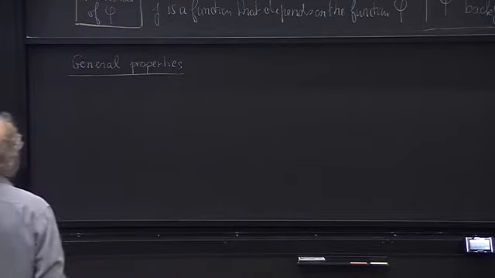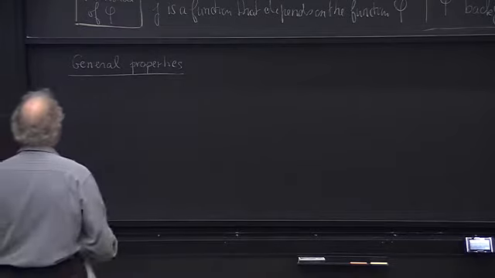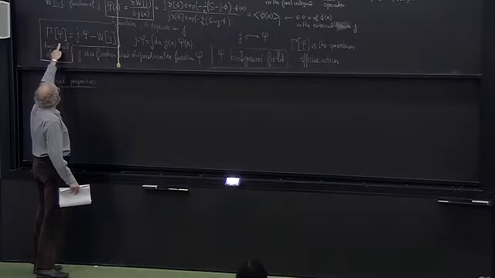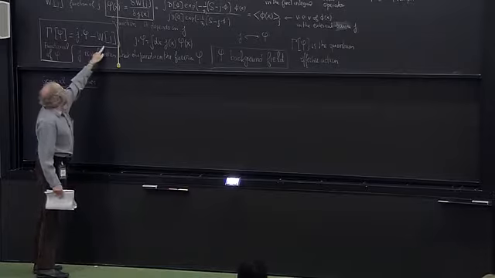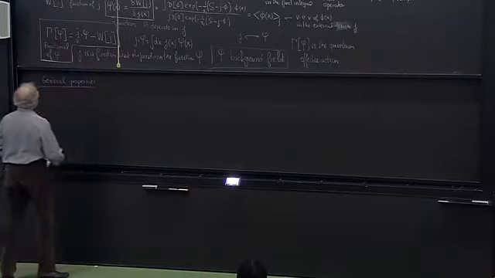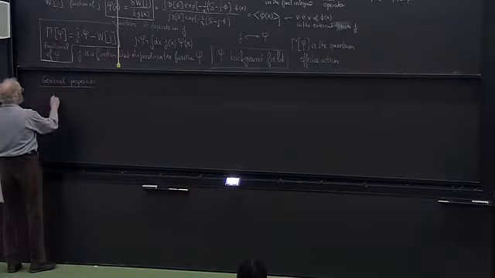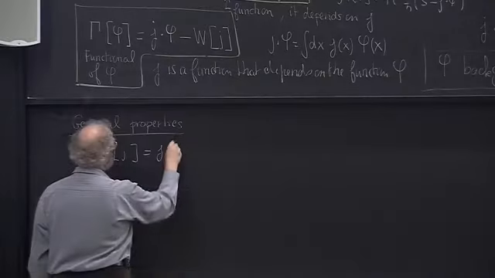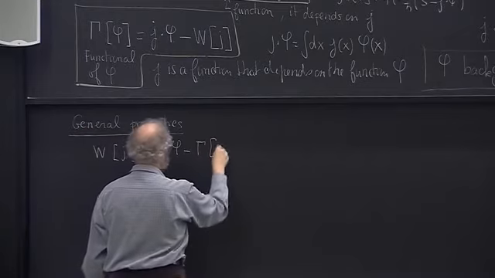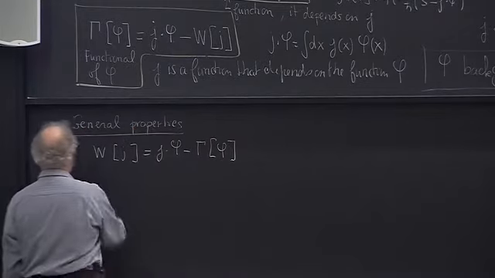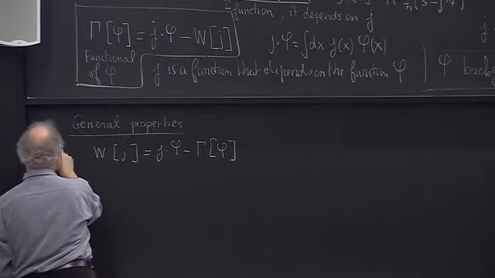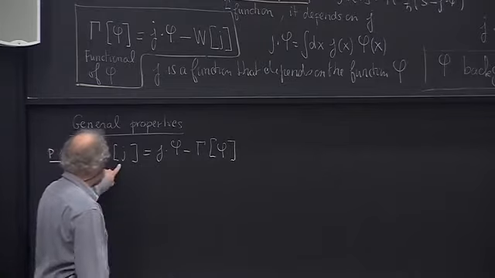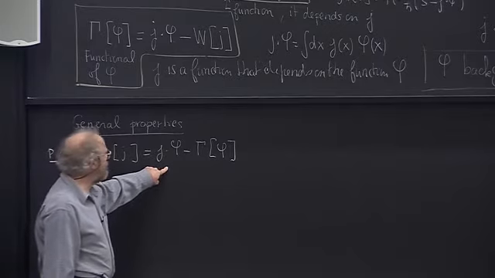The first property is that, you see, if you exchange gamma and W, you can also write that W of G is G dot phi minus gamma of phi. You see? So this is property 1. Okay? So W looks like the Legendre transform of gamma.